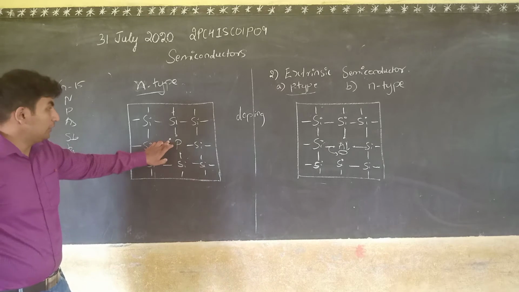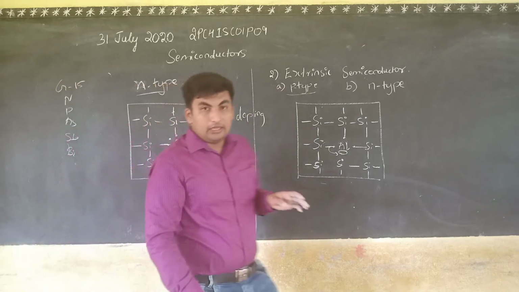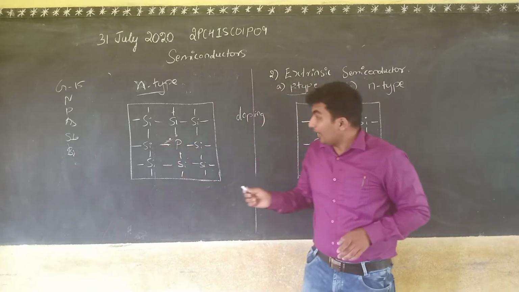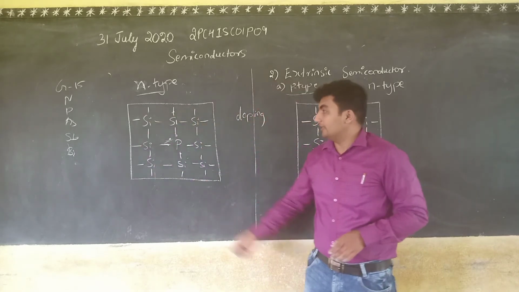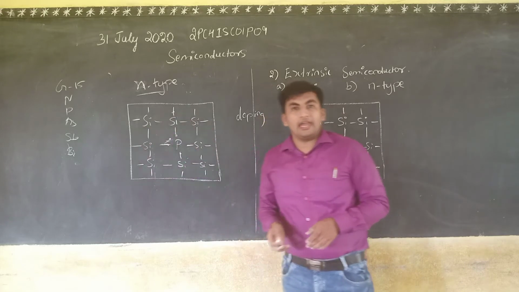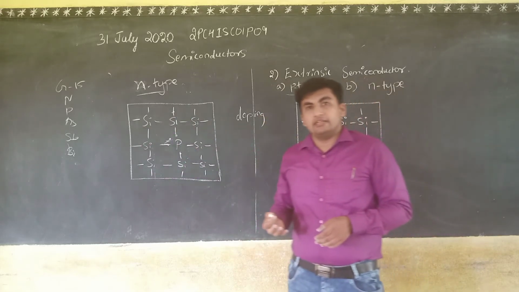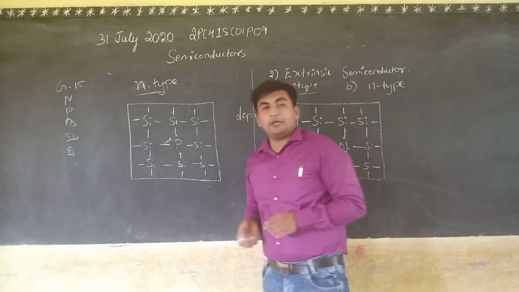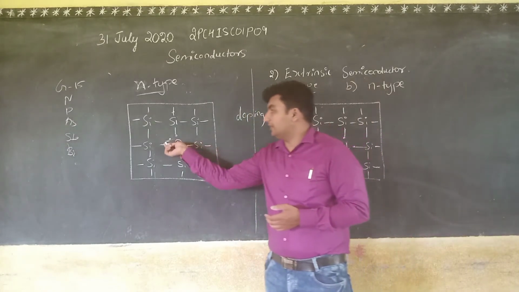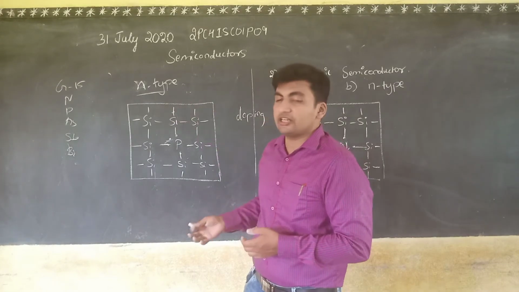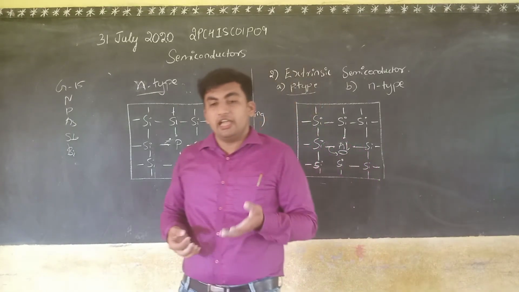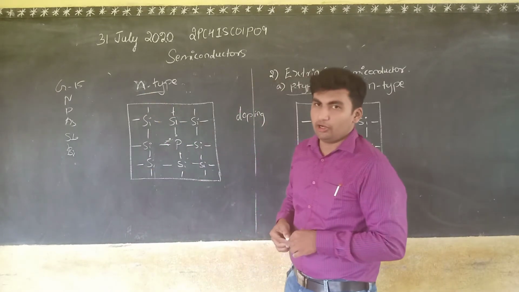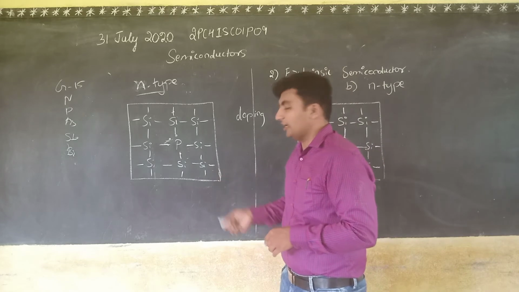This electron moves through the entire crystal and raises the electrical conductivity. Because of the delocalization of this electron over the entire crystal, electrical conductivity increases. This type of semiconductor is called an N-type semiconductor.